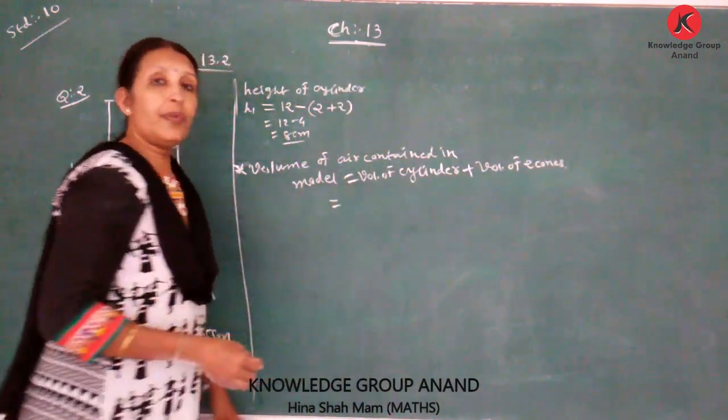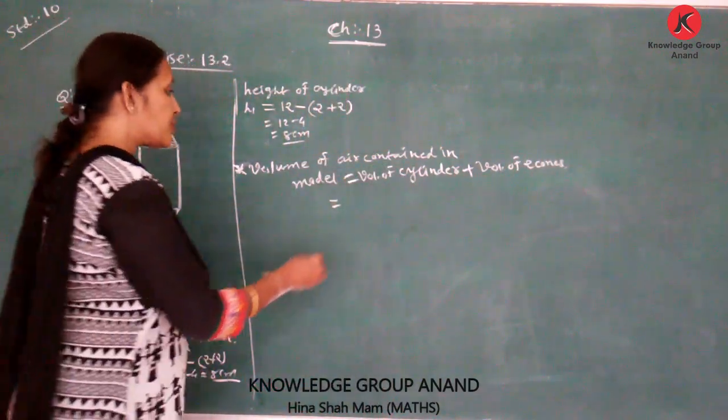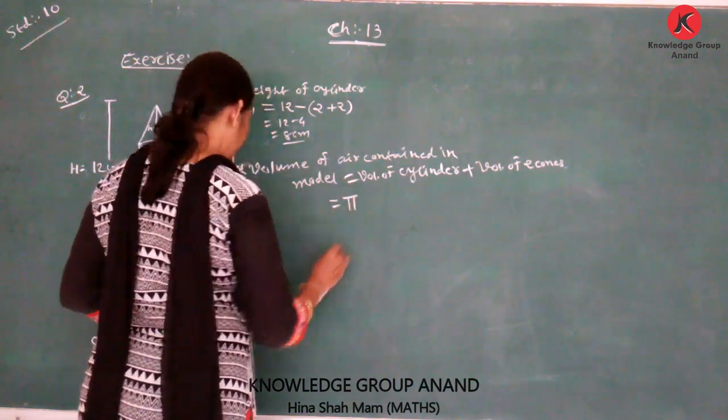Here, the volume of the cylinder is equal to pi r square h.